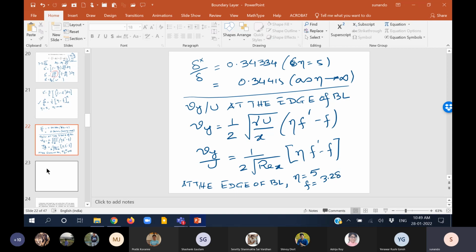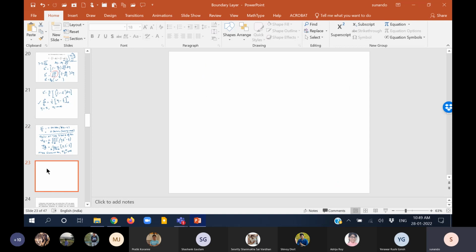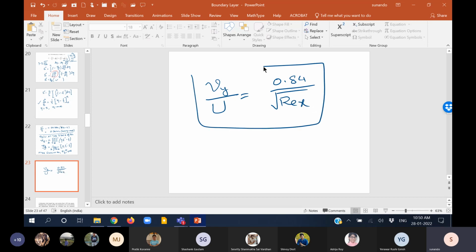Therefore, the final expression for the velocity at the edge of the boundary layer is 0.84 by root over Rex. So this is the expression for the non-zero velocity at the edge of the boundary layer.